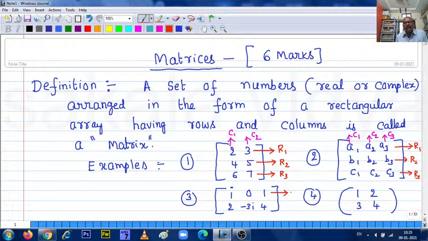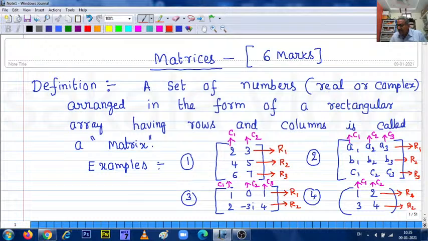Here this is row 1, first row, this is second row. This is the first column, second column, third column. Here first column, second column. So it has how many rows? 2 rows, R1 and R2.